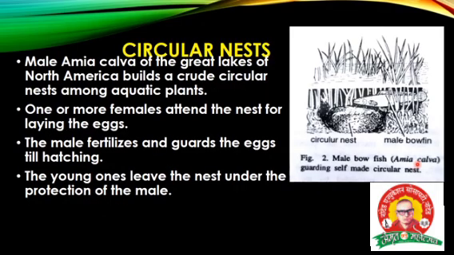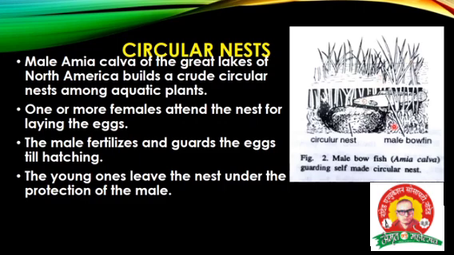The next example is the circular nest. Number one, basin-like nest, and number two, circular nest. This is the circular nest constructed by the fish. This is the example, Amia calva, a foreign country fish. The male Amia calva of the Great Lakes of North America builds a curved circular nest among the aquatic plants.